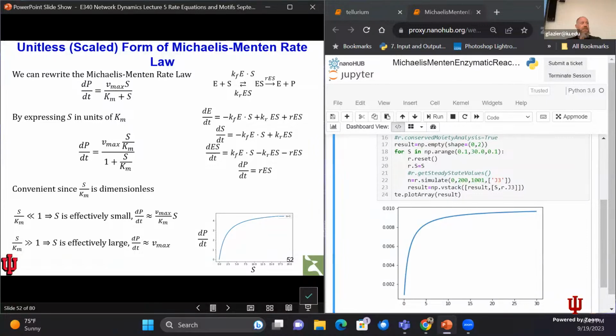And so Km sets the concentration at which you go from having a rapidly increasing rate to the concentration at which you have essentially a saturated rate. So at the concentration S equal to Km is when the rate of production of the product is half of the maximal possible rate of production.